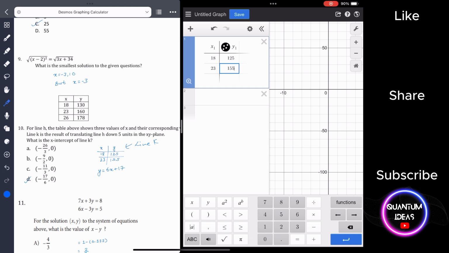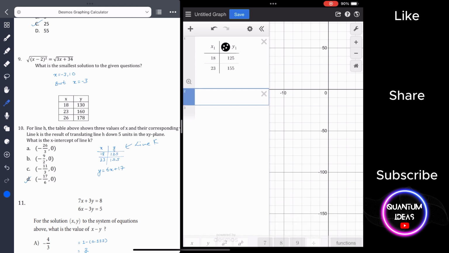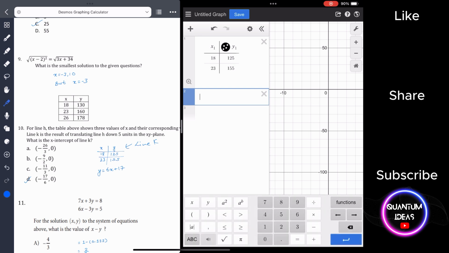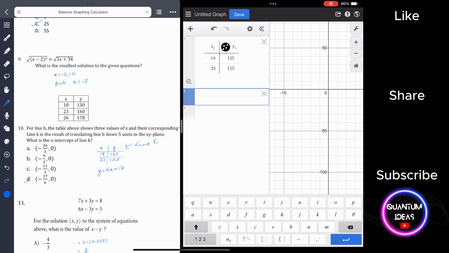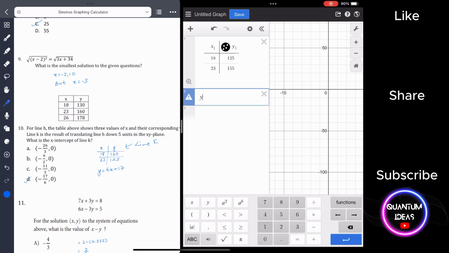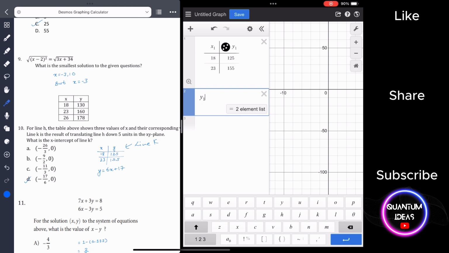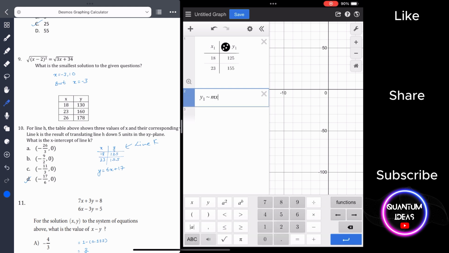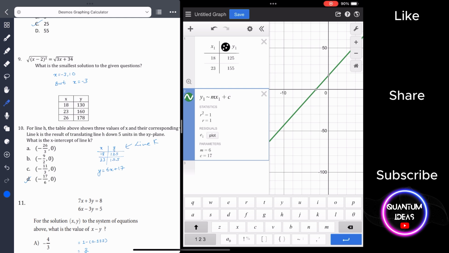To find the line, just go here and type, as I have already told you, y1 tilde mx1 plus c. You will get the values 6 and 17. That is your equation of line.